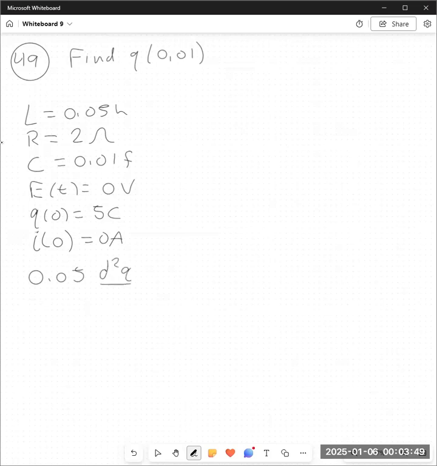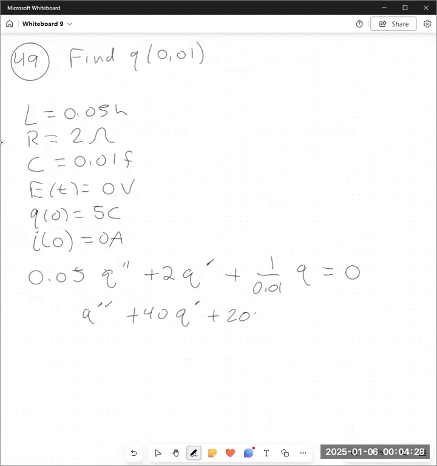Just go ahead and write it in terms of Q's. And that becomes, when I do my division by L and write everything with constant coefficients, Q double prime plus 40 Q prime plus 2000 Q is equal to 0.